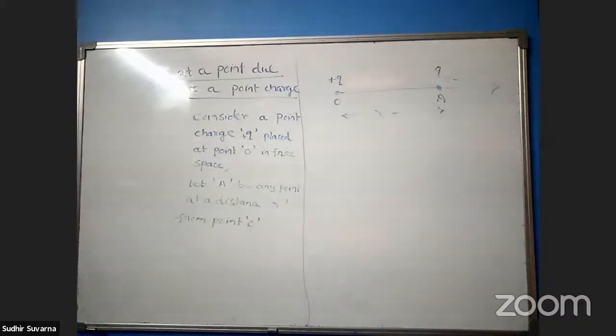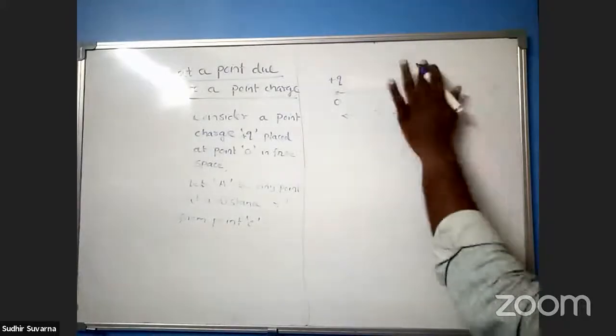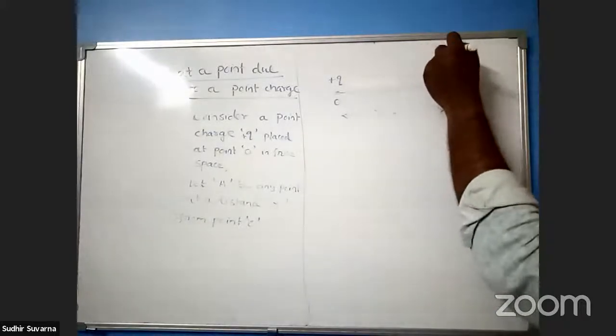Fine. Bacha, see, there is a charge placed at point O, and inside the electric field you have selected one point, let it be A, and at point A you will place a unit positive charge that is denoted by Q0.